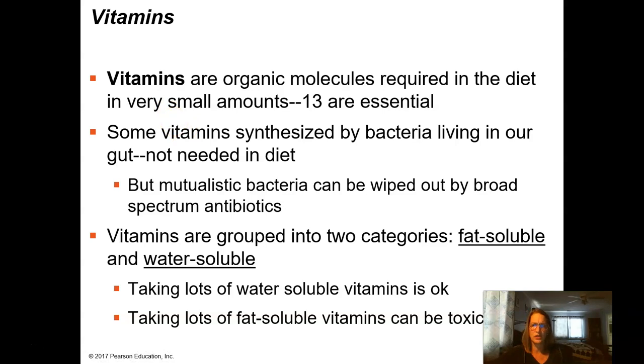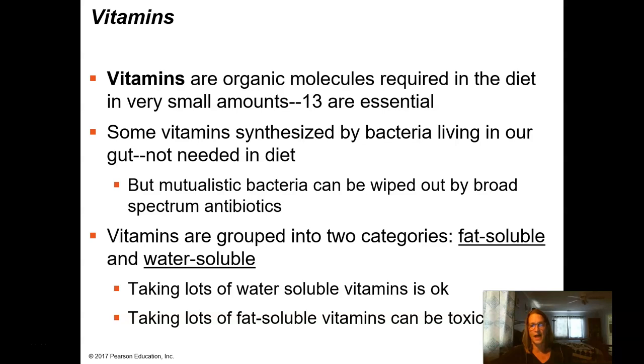Vitamins are typically grouped into two different categories. Those are fat-soluble and water-soluble. This is important because people typically think that taking vitamins is super good for your health. And it can be, but it can also be really harmful. Depending on which type of vitamins you're taking, if you take too many water-soluble vitamins, those can easily be eliminated from your body through excretion in your urine.